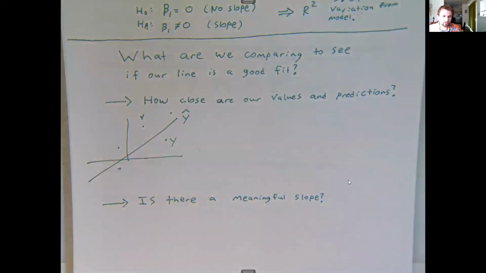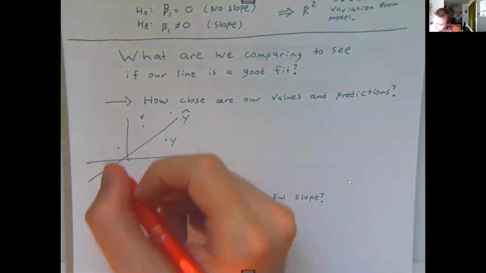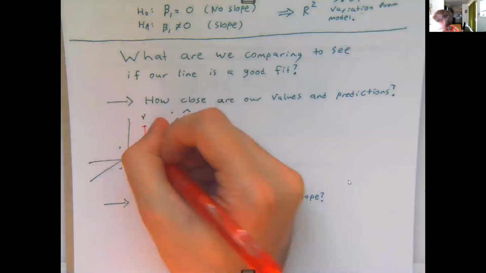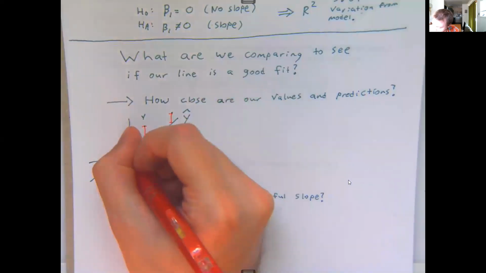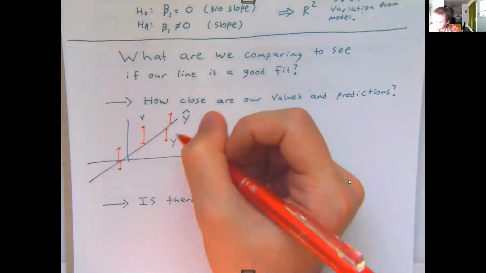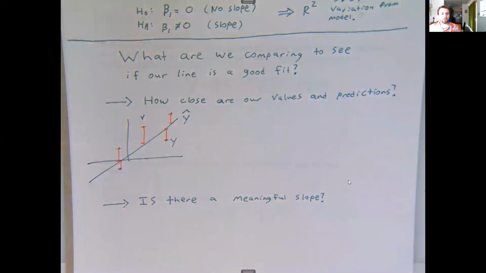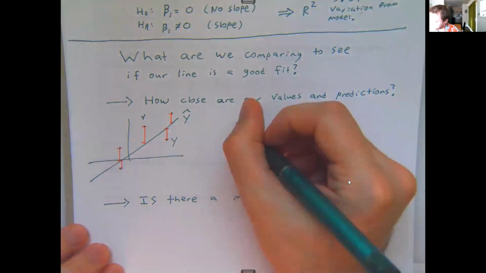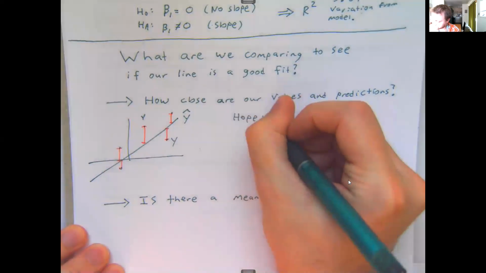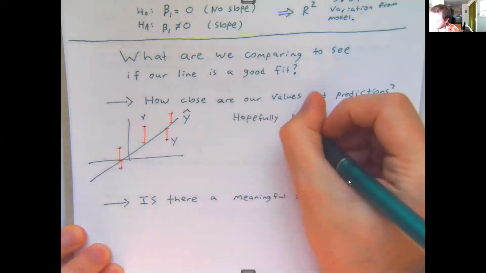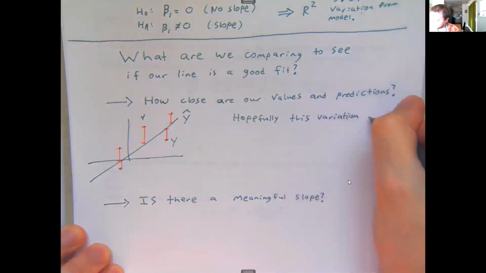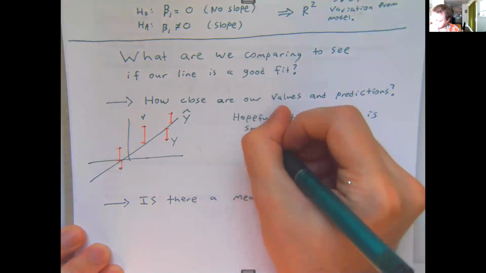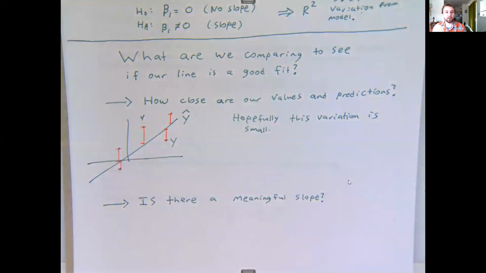So this first one here, I have a certain amount of error, I have a certain amount of error, I have a certain amount of error, and so on. So ideally, this variation is small if it's actually linear, if I'm making good predictions.